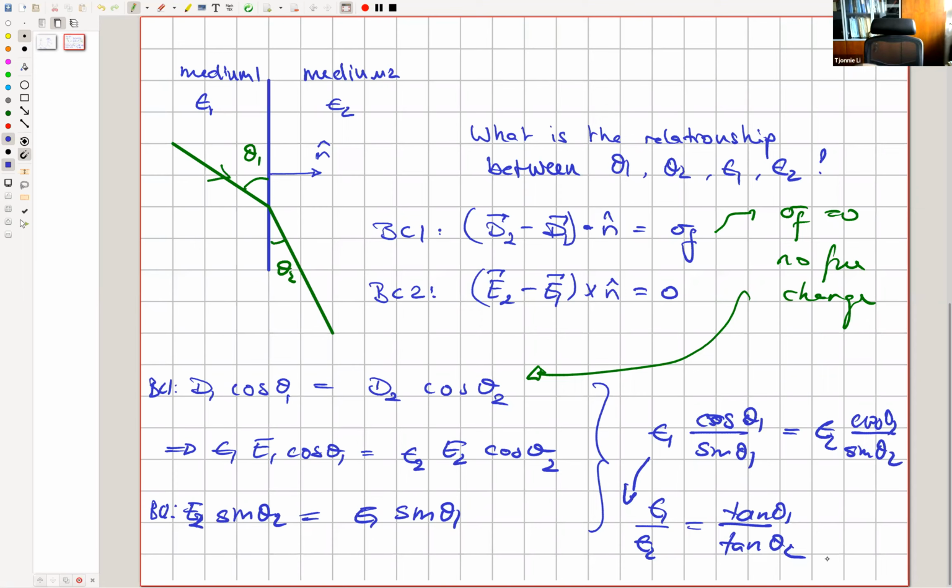Okay, I always mark the angles wrong. Let's see. Get this wrong again.